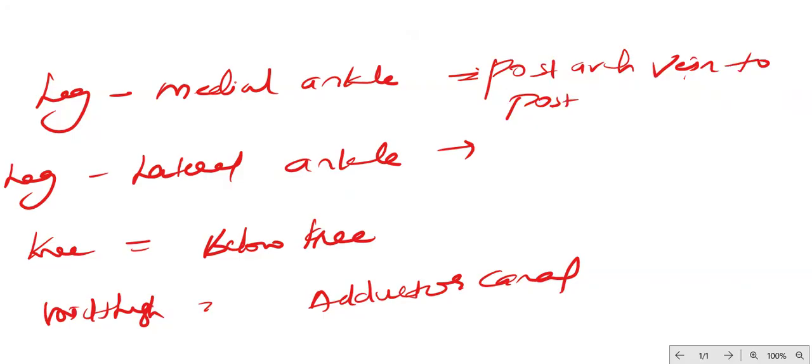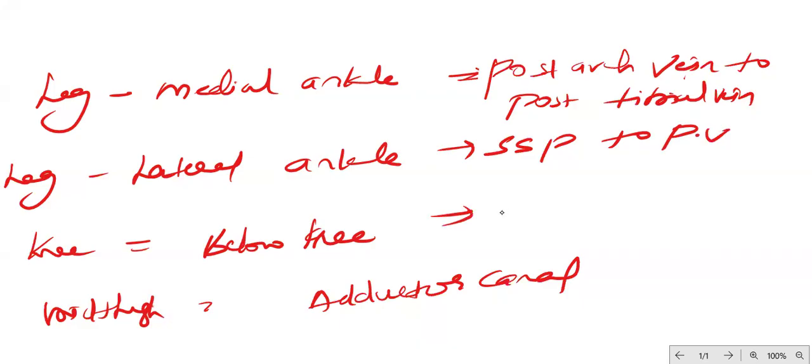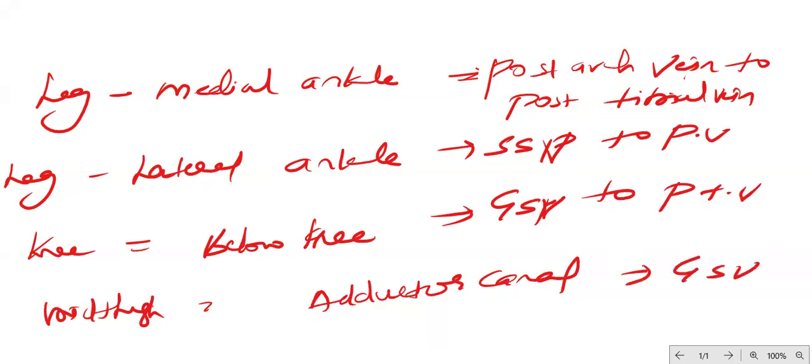On the lateral side, the short saphenous vein connects to the peroneal vein. Here, the great saphenous vein connects to the posterior tibial vein. In the mid thigh, the great saphenous vein connects to the femoral vein.